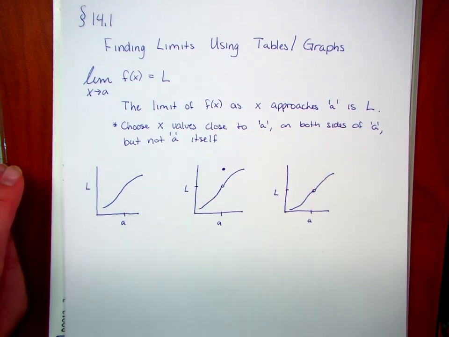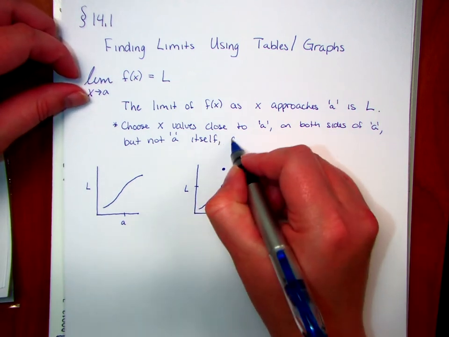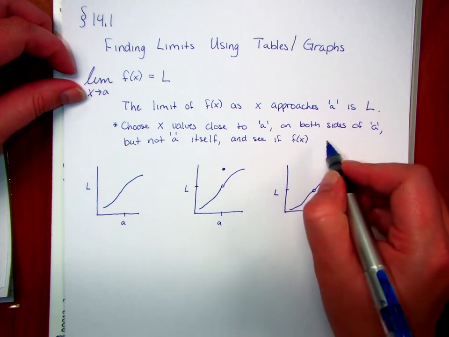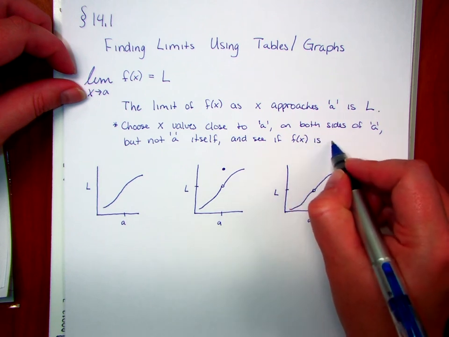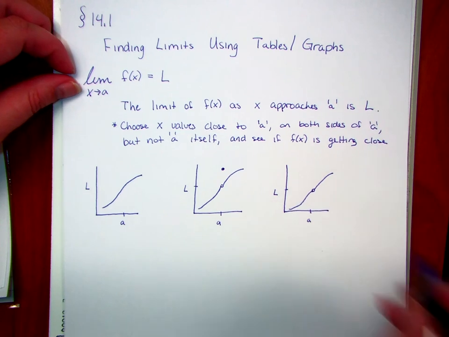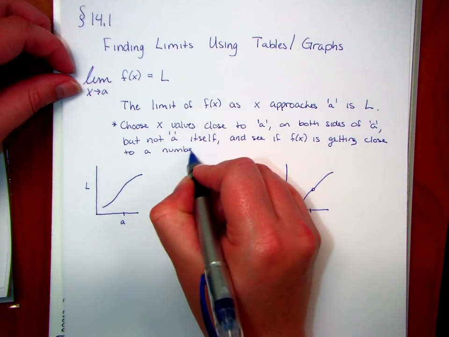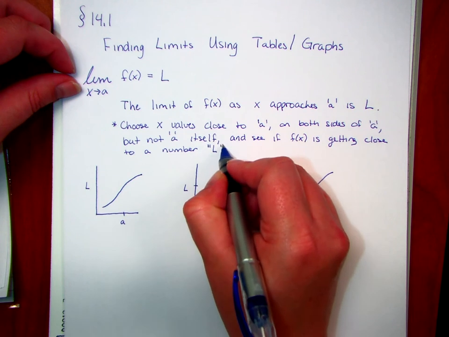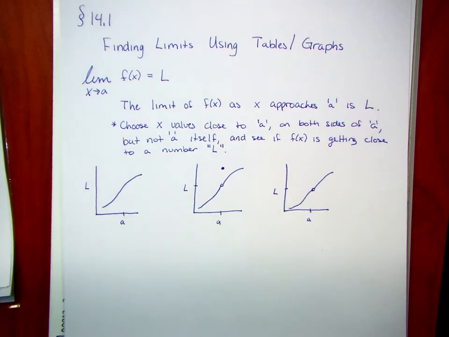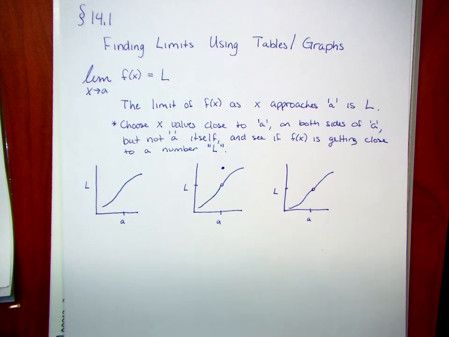And we're going to see if the function is getting close to some number L. I have 3 examples here, and in each of these examples, the limit will exist.